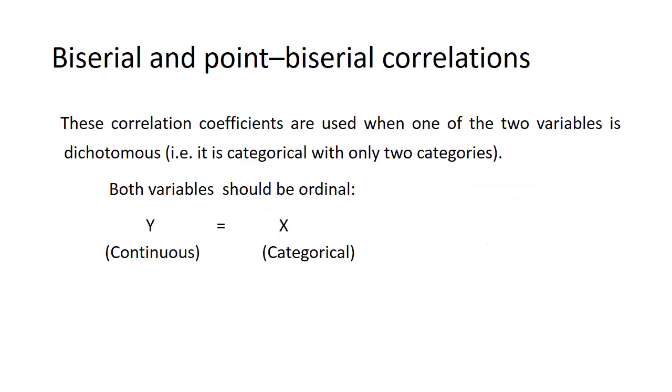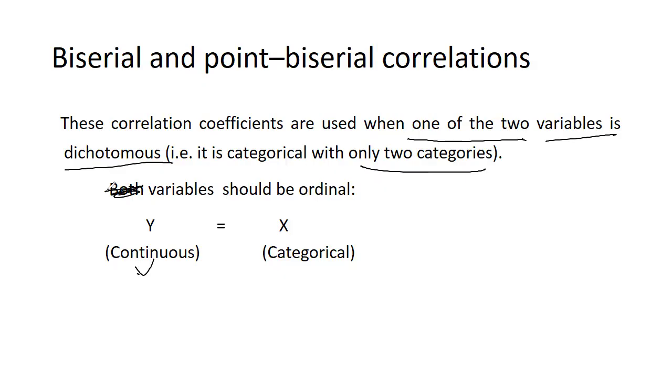Now another concept is the biserial and point biserial correlation. These correlation coefficients are used when one of the two variables is dichotomous, meaning two categories, male, female. It is categorical with only two categories.